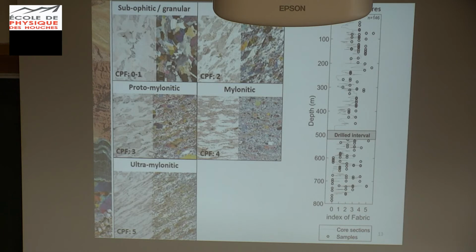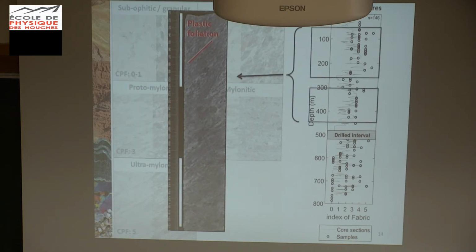We have some areas in the upper sections of the hole where, in 10 or 20 meter long continuous areas, a huge plastic foliation has developed, and we have protomylonitic and porphyroclastic microstructures.